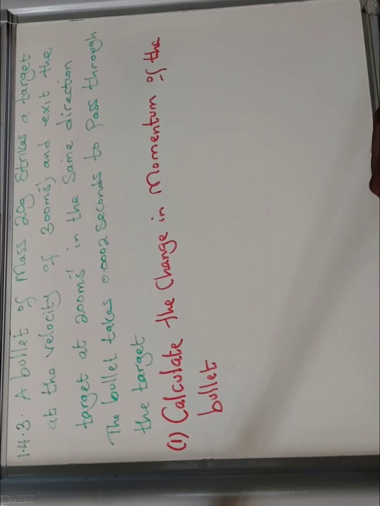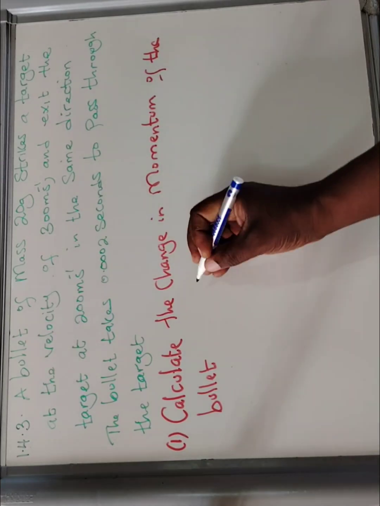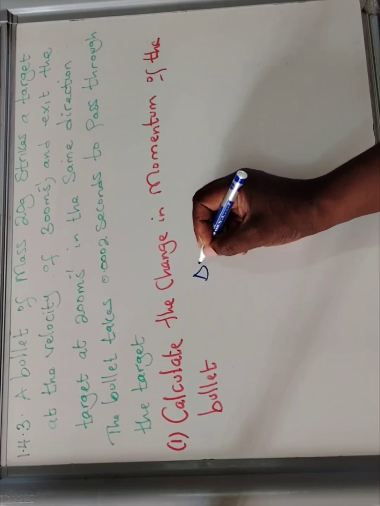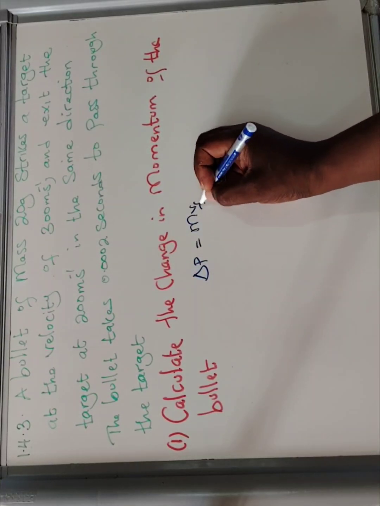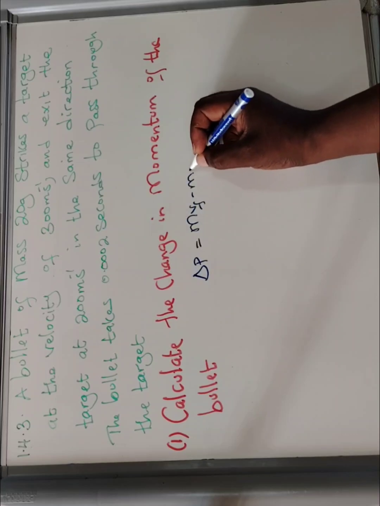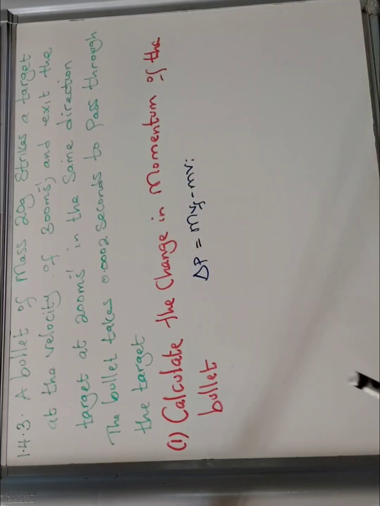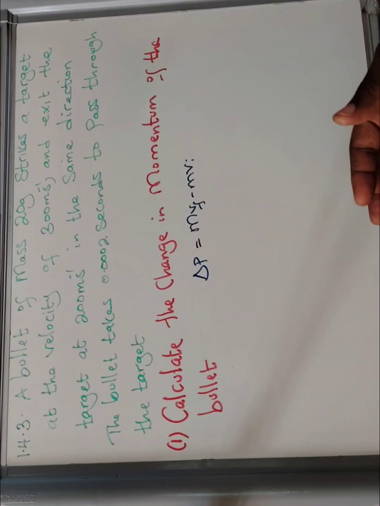Okay, so what do we do here? This is what you have to know. We are looking for change in momentum, given by this formula. Now the onus is on us to find out whether we have the data, the information needed for that.